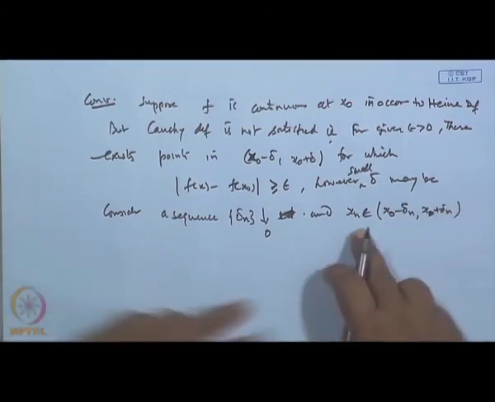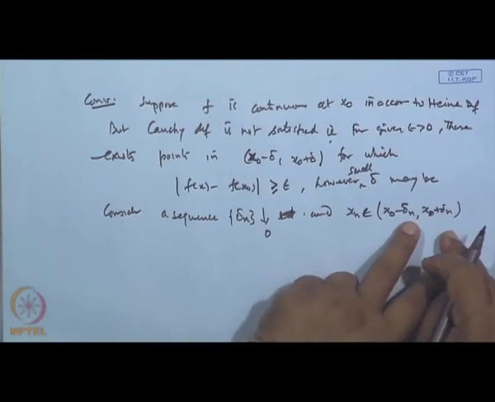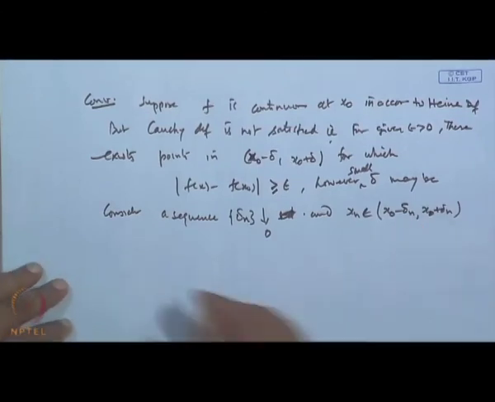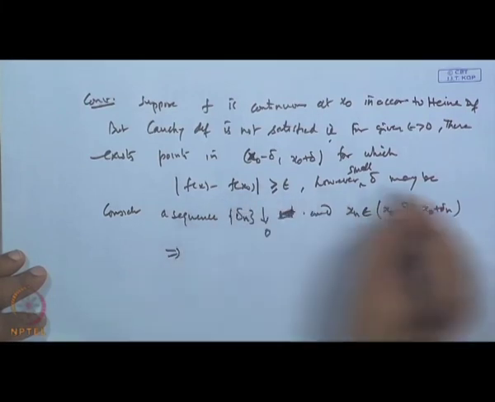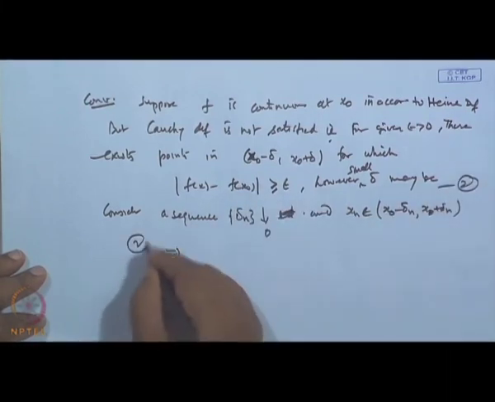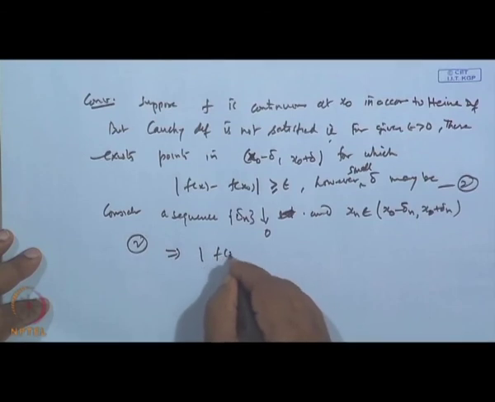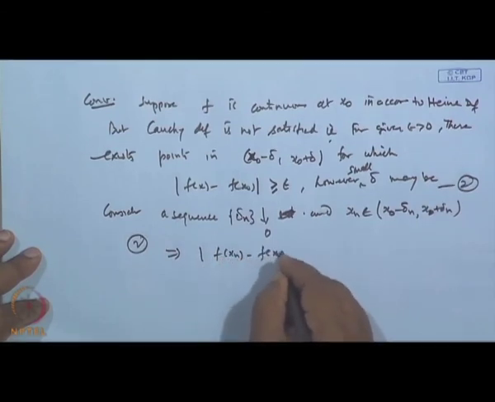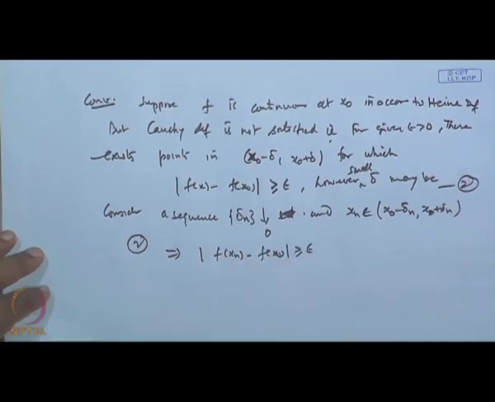If we take such points in this interval, then according to the second assumption, mod of f(xn) minus f(x naught) will be greater than or equal to epsilon.